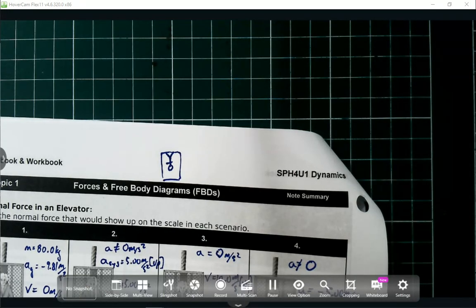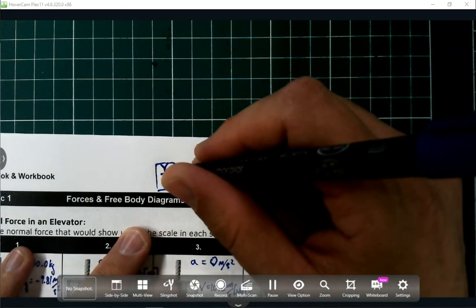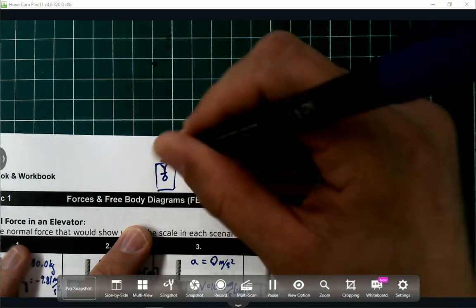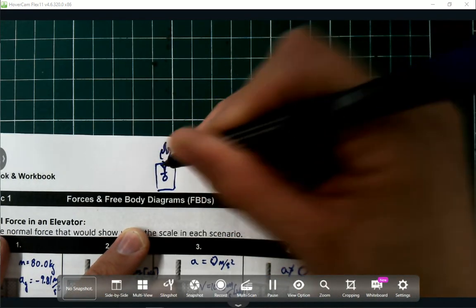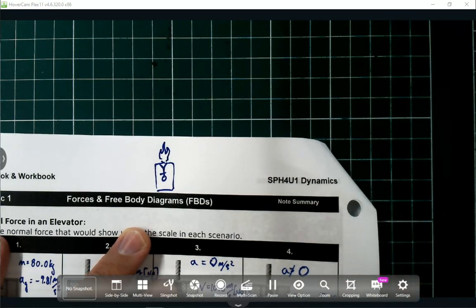Yep. Yeah, you'd have to be accelerating downwards at some rate higher than gravity. So we could say, if I put a rocket on the bottom, this is a rocket, this isn't somebody's feet on fire, but if you had a rocket on the bottom of this elevator and it was accelerating downwards, I bet we could even figure out what the normal force is.